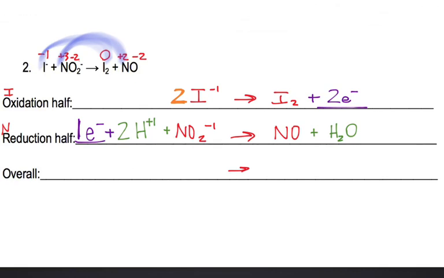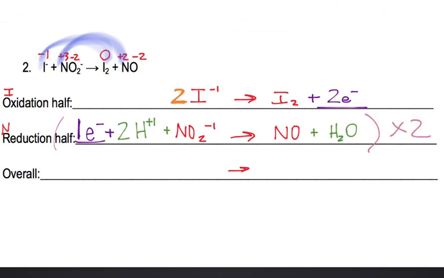So our charges are balanced, our atoms are balanced. Now we want to start adding these back together and squishing them back together, but we've got to make sure that our electrons are equal, which in this situation they are not. So we need to multiply by some kind of number to make them equal. That is just going to need to happen to this reduction half reaction.